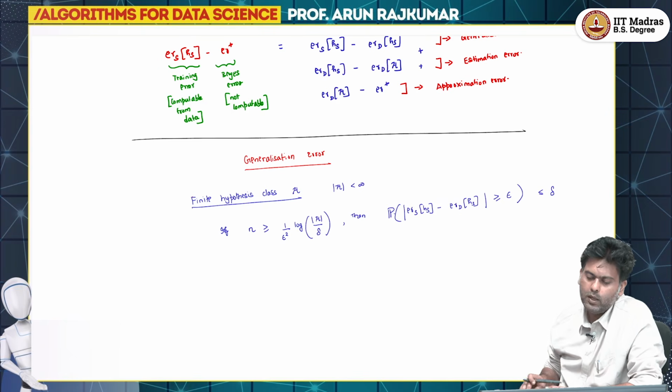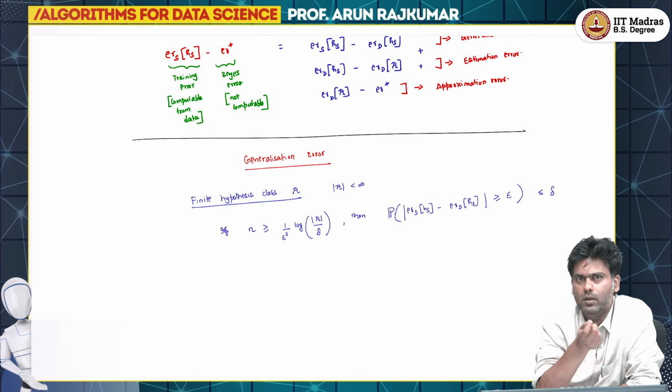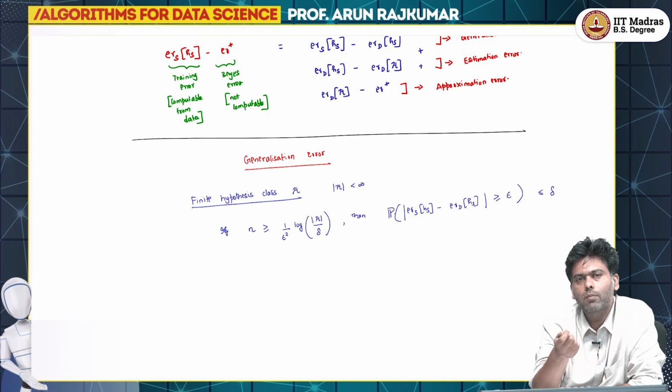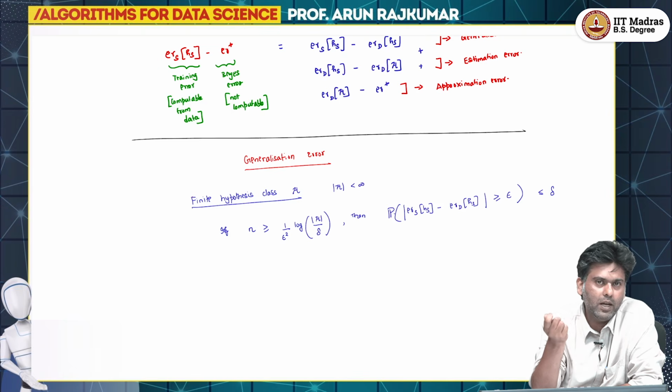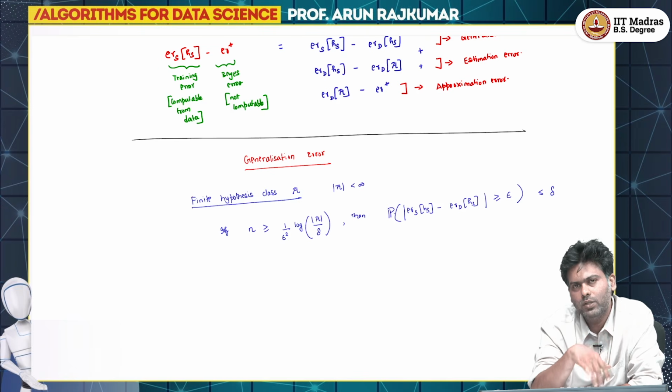This is good because it tells me that no matter what algorithm I use, and that is the key point, my algorithm is going to pick some classifier, and if I have enough data, which is 1 by epsilon squared log cardinality of H by delta, then I am guaranteed that whatever the algorithm, it will choose an h_S, and the train error and the test error of h_S would be close to each other with high probability; the probability of deviating by more than epsilon is at most delta.